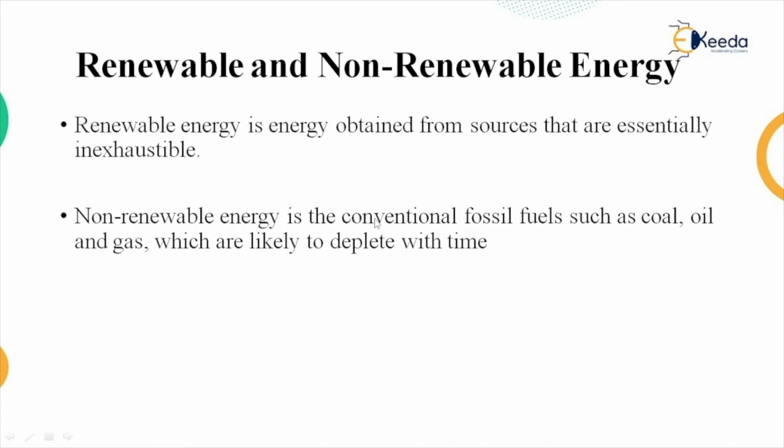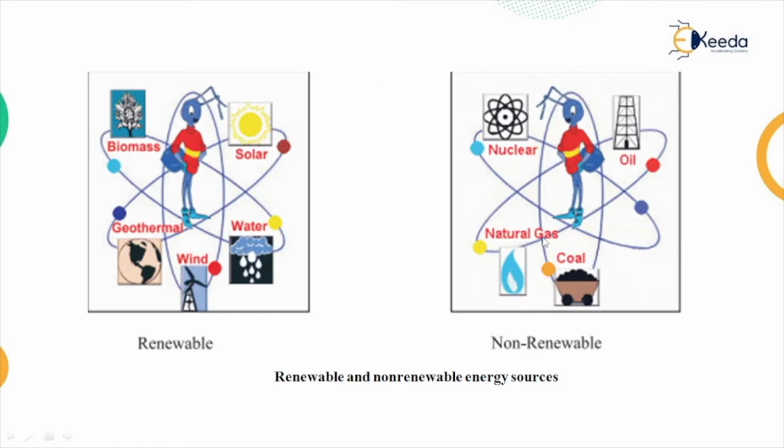Non-renewable energy is the conventional fossil fuels, such as coal, oil, and gas, which are likely to deplete with time. They get exhausted after some years. That is called non-renewable energy sources. For example, coal, oil and gas.